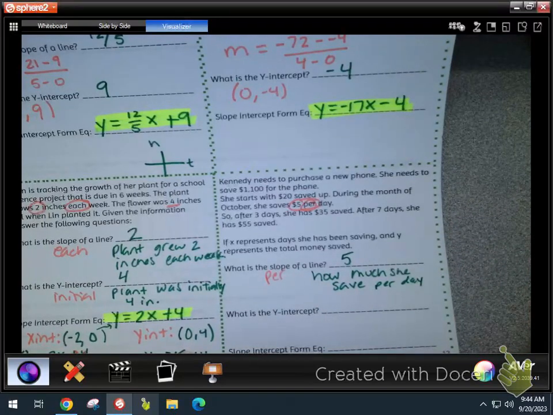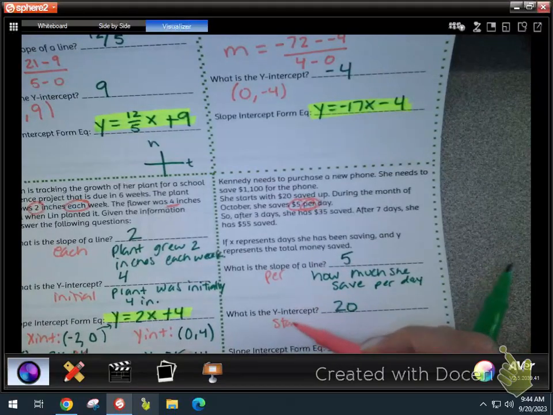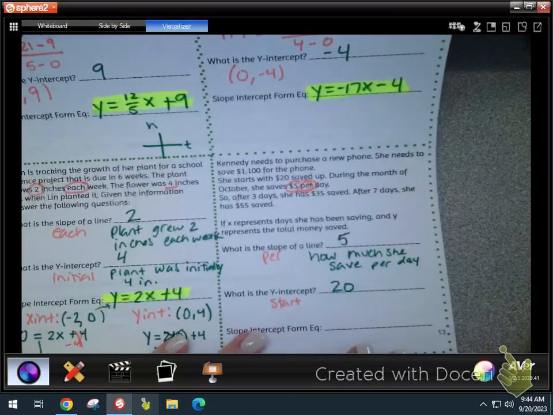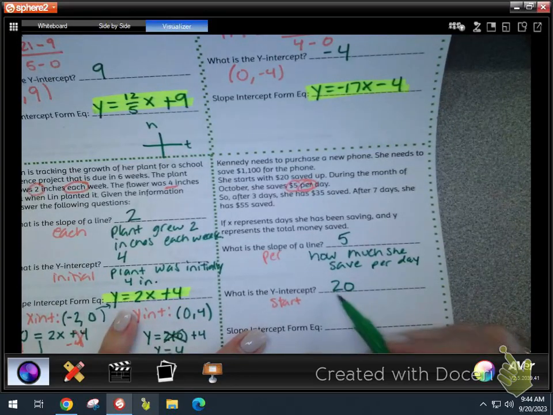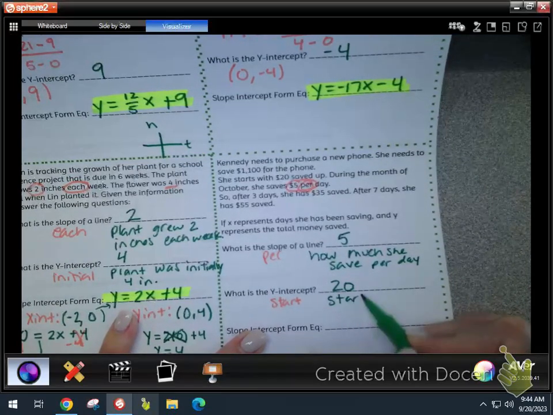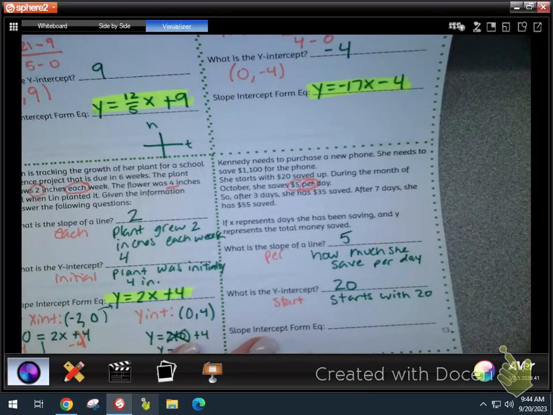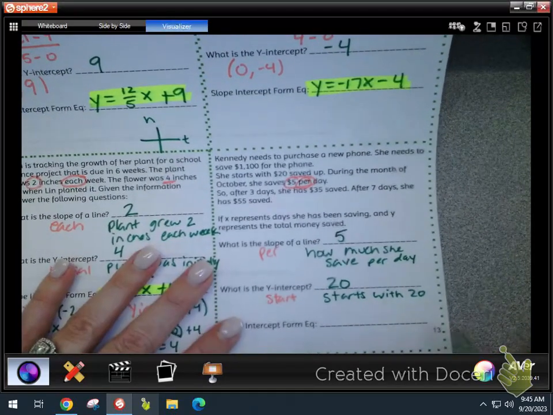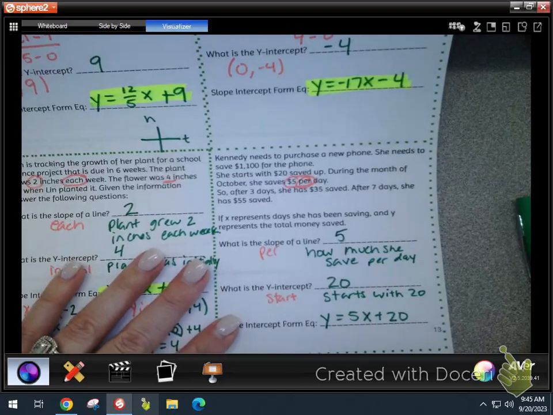How'd you know that? Because it says she starts with $20. That's our key word, that's the y-intercept, the starting amount, the initial amount. So $20 starts with 20. What's your slope-intercept form? y equals 5x plus 20. Boom, boom.